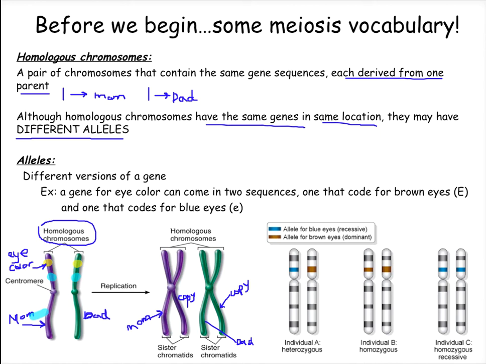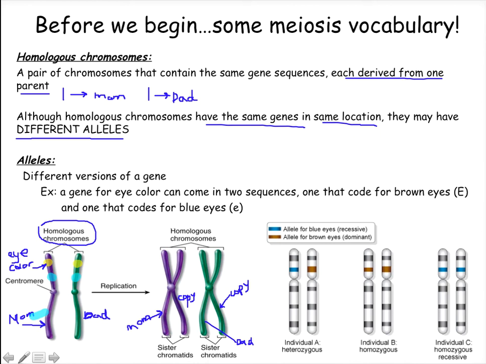So for example, I mentioned before that you might have a gene for eye color down here on the chromosome you got from mom, and the copy you got from dad, I said the eye color gene is in the same spot.